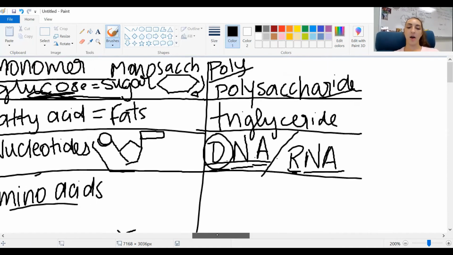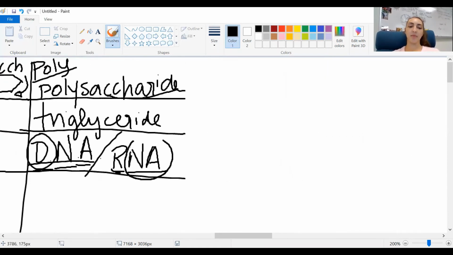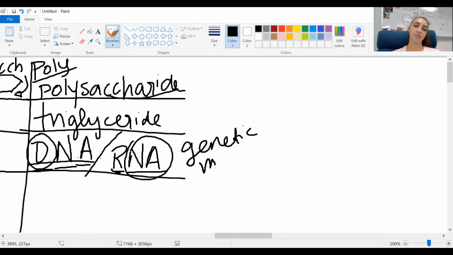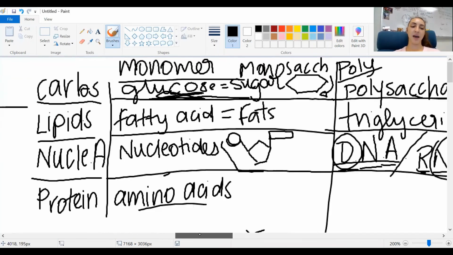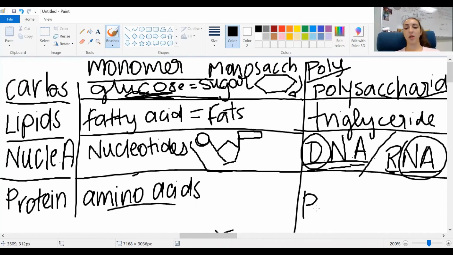The name of the biomolecule is in the abbreviation. This DNA is going to be our genetic material. And finally, we have our proteins, and those are going to be called polypeptides. Again, using that vocab word, many peptides.